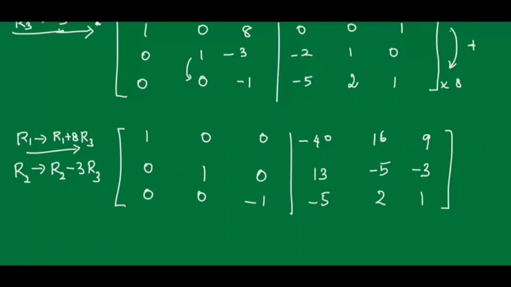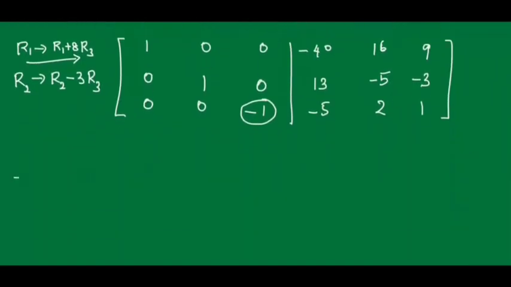Now we see in this matrix that all the elements have been transformed into the form of the identity matrix except this minus 1. So what can we do here? We can multiply the last row by minus 1. The next transformation is R3: I'm going to multiply it with minus 1.